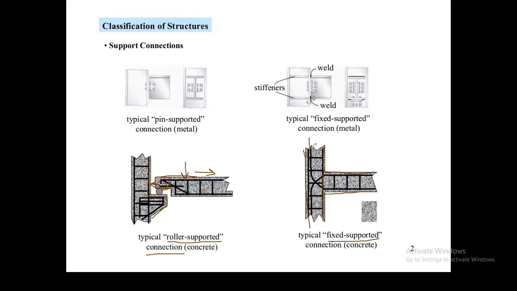Basically, those two members are cast together, which means concrete is filled in between the reinforcement bars. That means the members will act as a single unit. That is a kind of fixed supported connection.